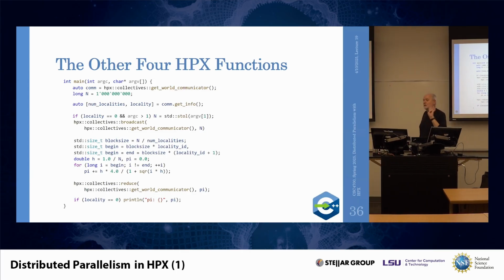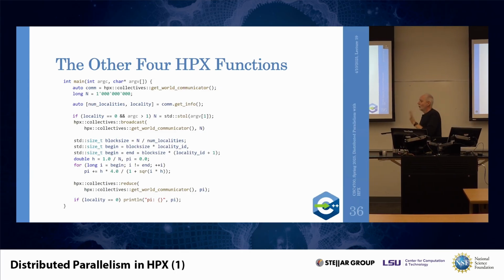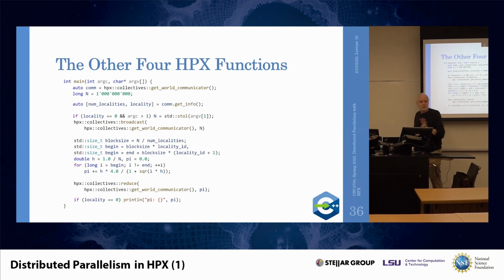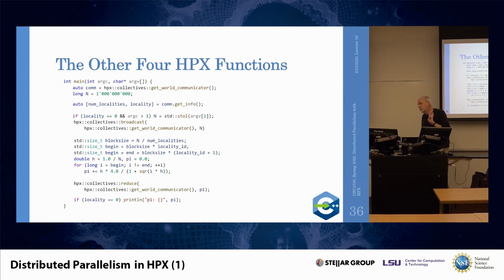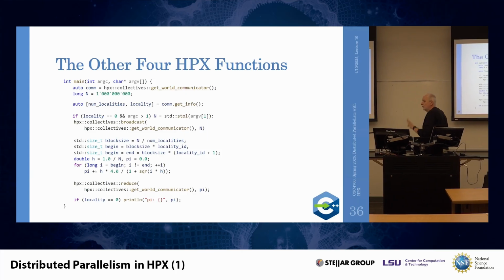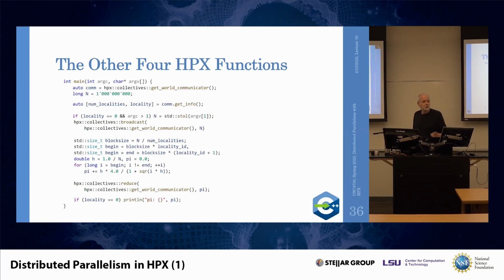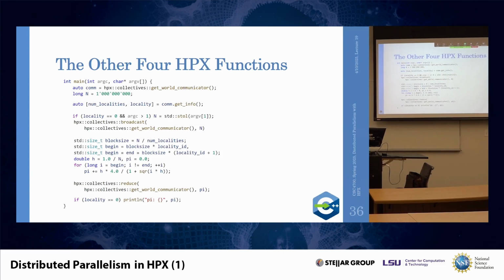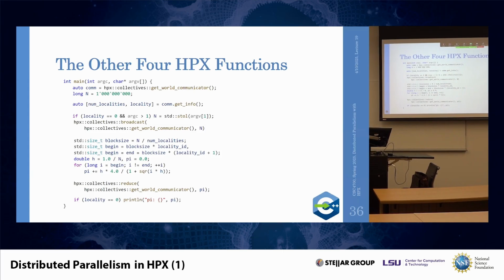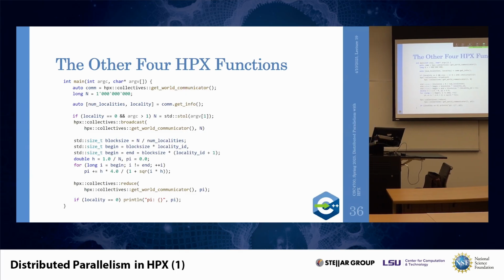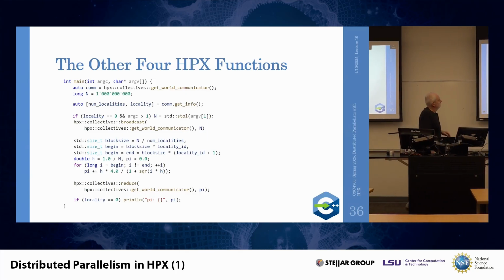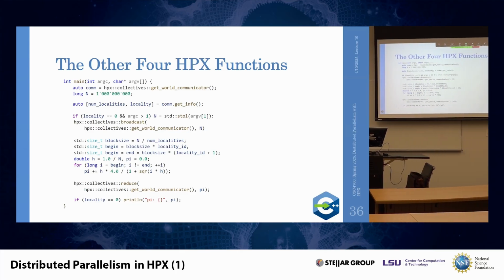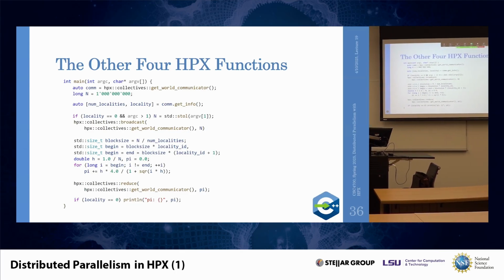So again, 4 functions you need to orchestrate distributed computation of arbitrary computations you want to do, as long as you're able to fit it into that scheme. Again, just 4 functions you have to remember. That's it. Should be easy enough to do, right? Any questions?